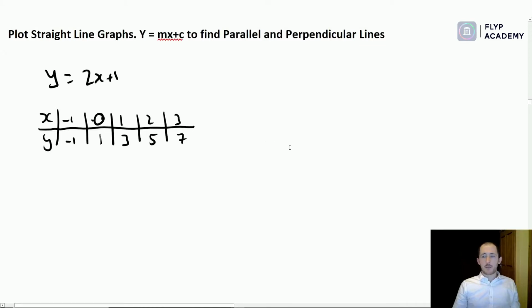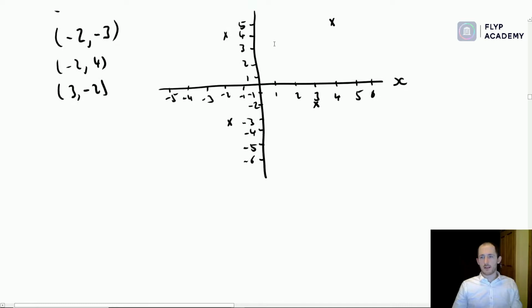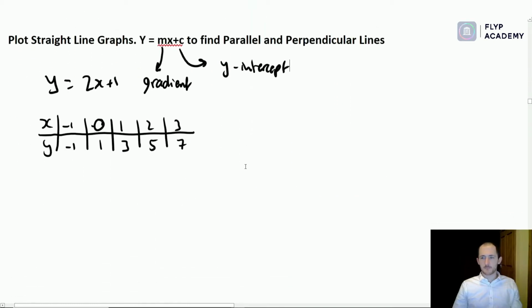And then finding parallel and perpendicular lines, you should be able to see that m is the gradient of the line, and c is the y-intercept. So the gradient tells you how steep a graph is, whereas the y-intercept tells you where it cuts the y-axis.